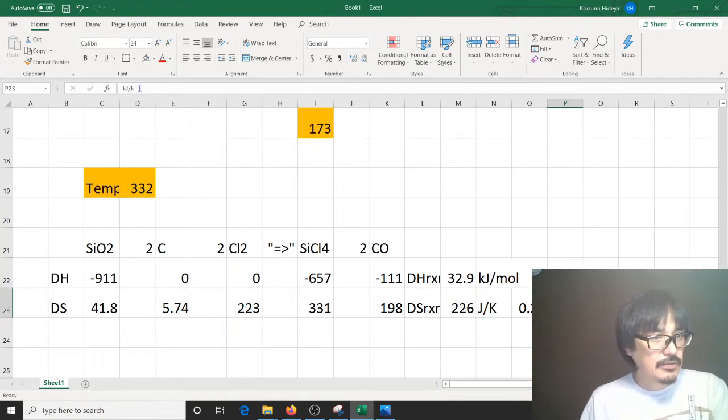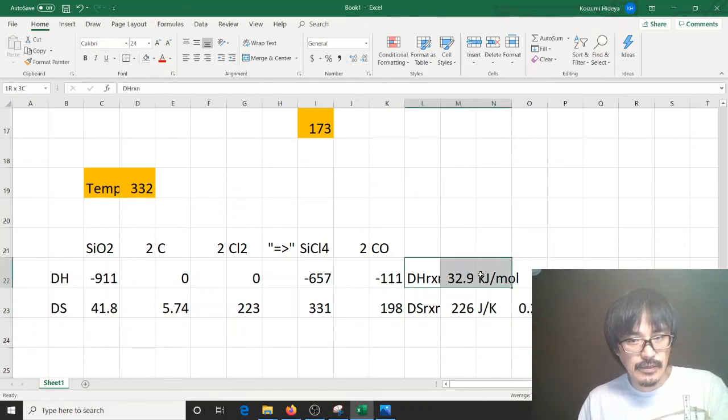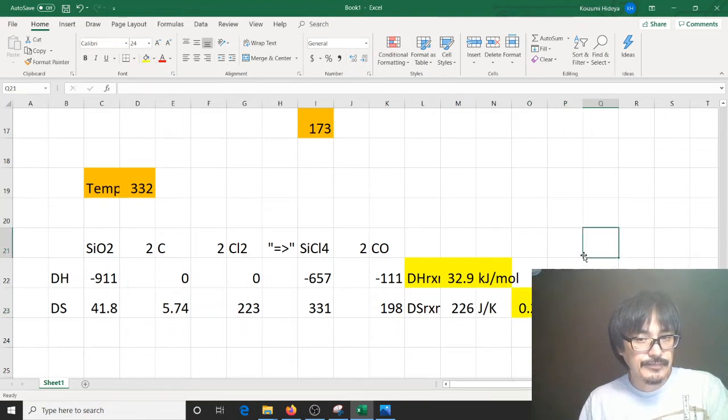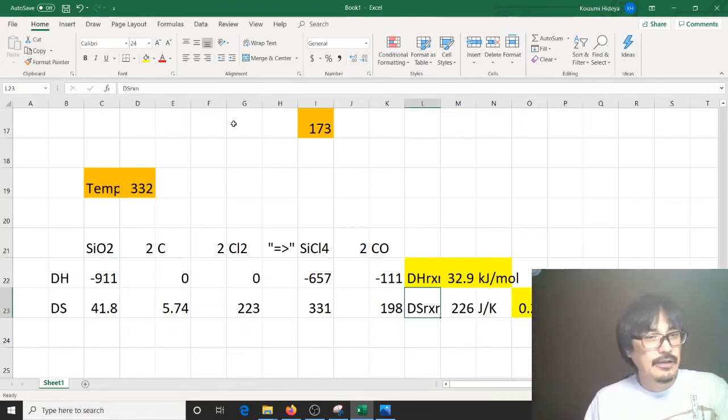Maybe I should use a capital K. So I have the delta H of that, and then I have the delta S for that.